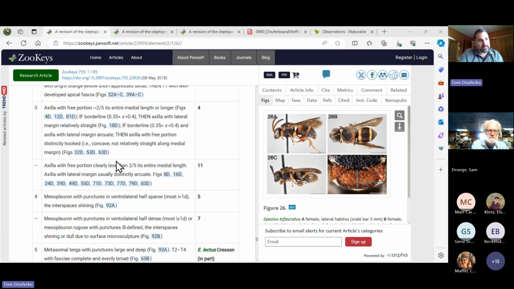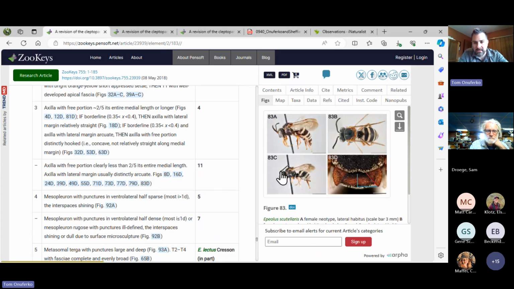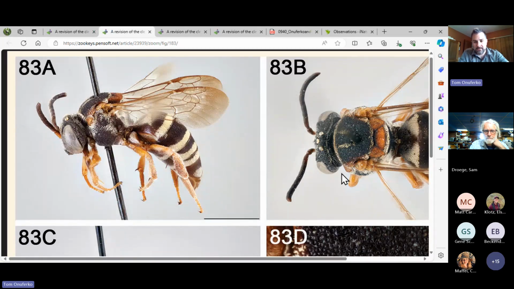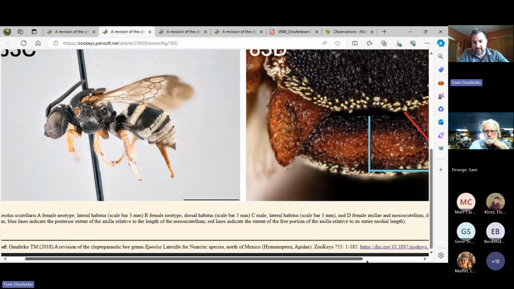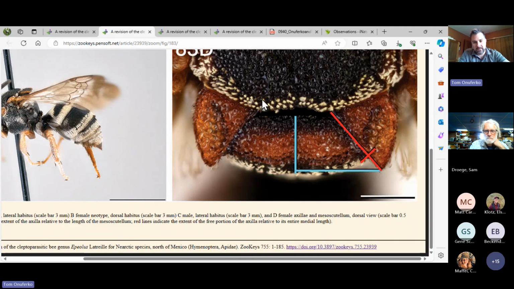But basically it separates the species that have enlarged axilli that aren't distinctly hooked on the inner margin and that are dilated laterally, or arcuate is the term I use here. So it separates the species where the inner margin of the axilli is relatively straight and the outer margins are distinctly dilated.